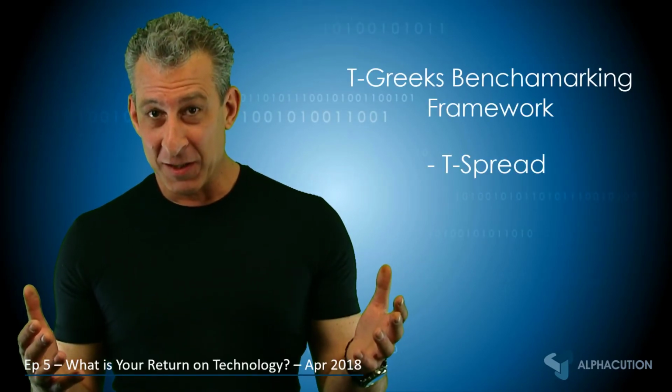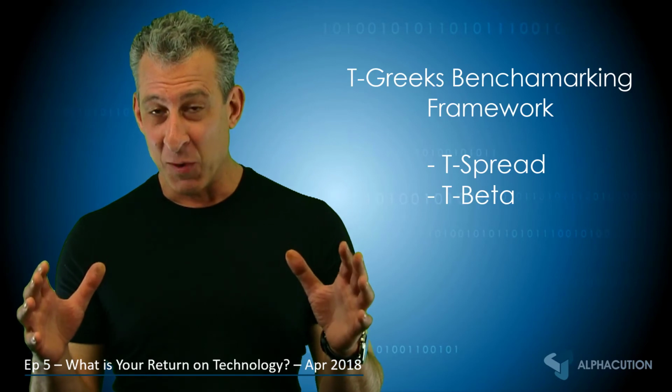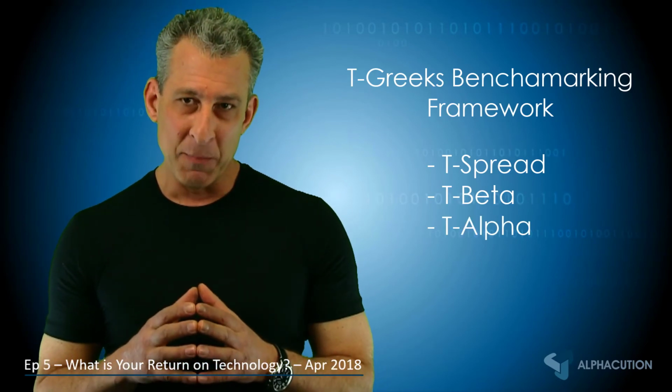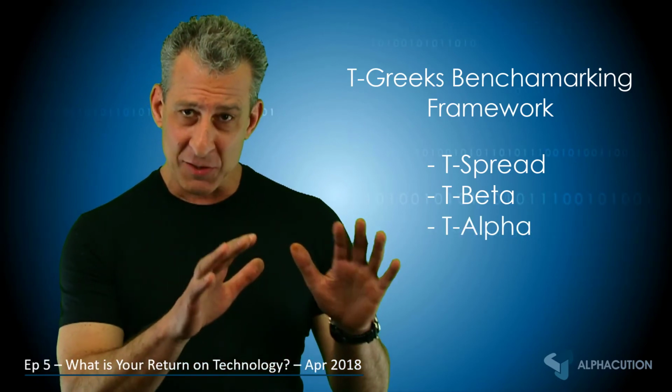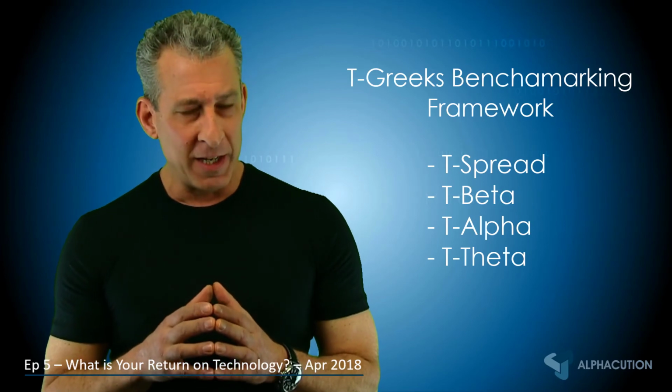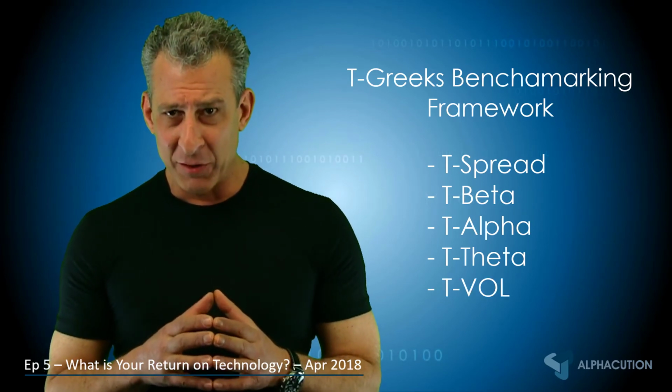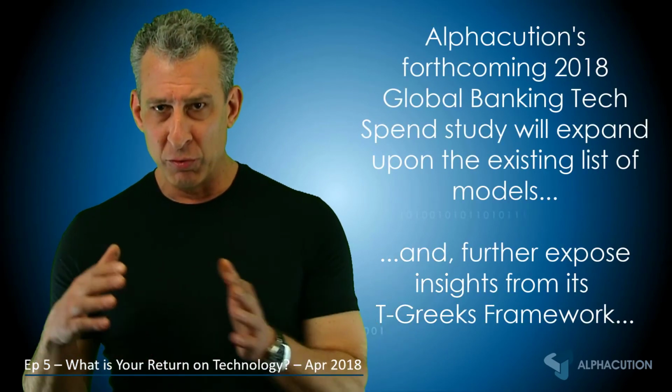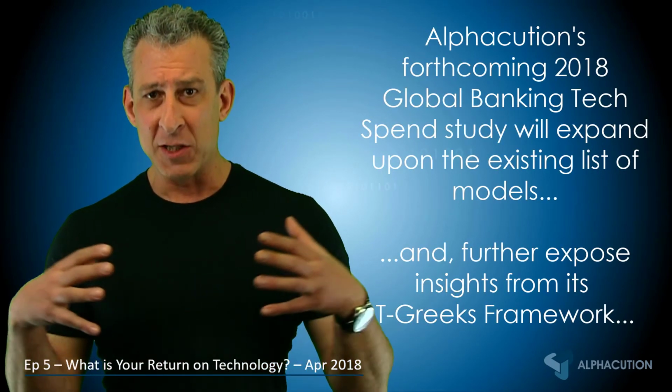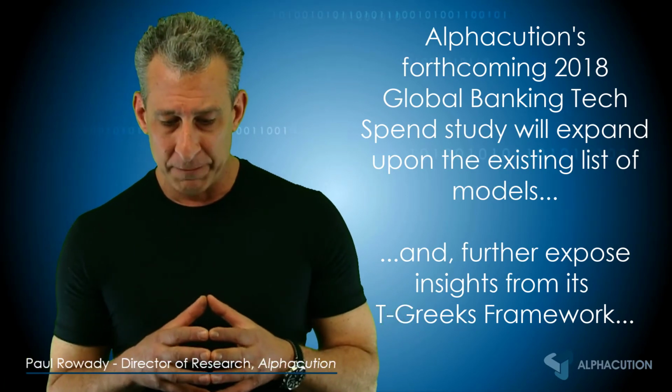So those are the 5 analytics for our T-Greeks benchmarking framework. It's been applied to banks so far. We will be updating our global banking study later in the year, 2018, updated through 2017, and likely expanding the list of models beyond the initial 60 that we've developed so far.